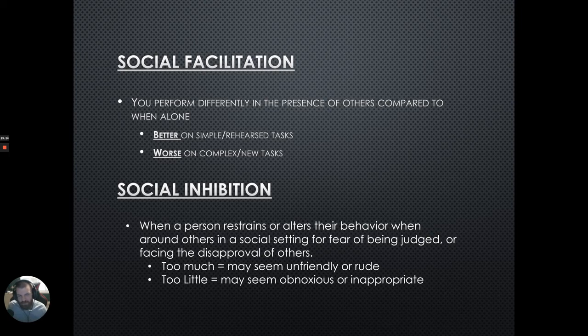The reason for this would be that we have actually altered our behavior so much that we're coming across to others in a very callous way. However, if we don't have enough social inhibition, we may act extremely inappropriate and obnoxious because we're not at all afraid of any kind of social judgment or fear of being reprimanded or disapproved.